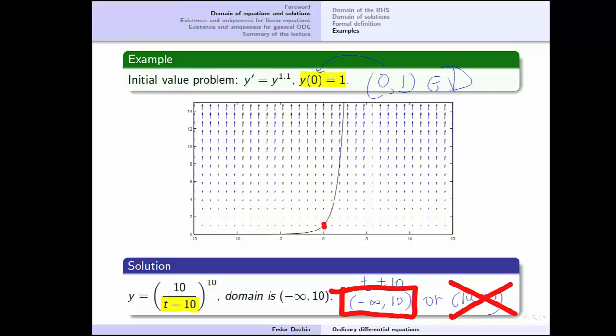The solution that goes through this point, informally speaking, reaches infinity in finite time. So it never goes beyond this line. It just goes to infinity when t approaches 10.